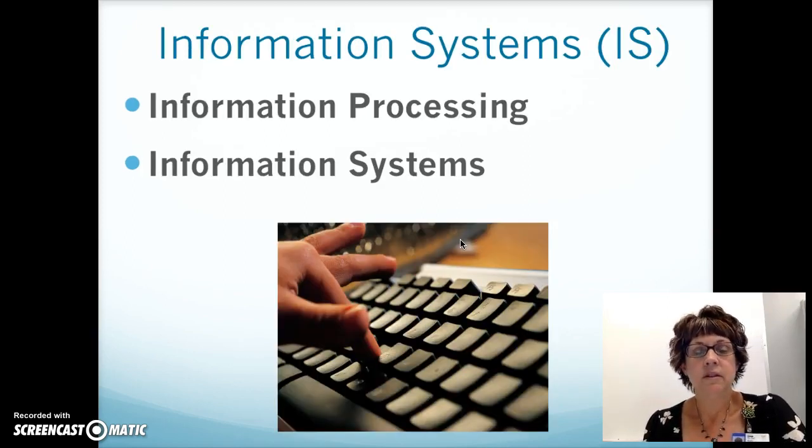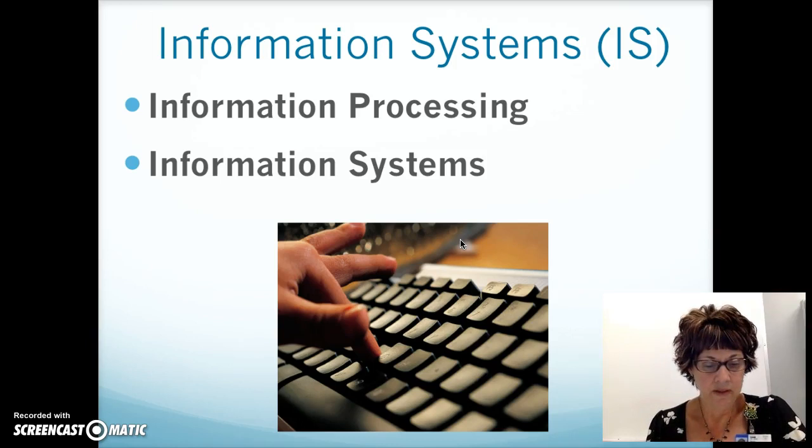Now, information systems, two parts, information processing and information systems. Information processing in the beginning with computers came from the idea of studying how humans process information processing, some of the same. So it's conversion of the latest information that helps us manifest information and knowledge.